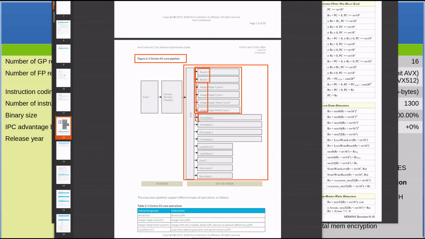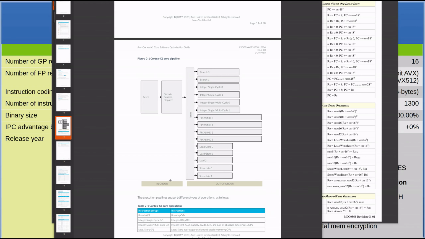It has like 4 floating point units and 5 memory units. And this is the first CPU which is able to do 3 loads per cycle. No x86 core can do 3 loads per cycle. This is actually a monster core. Even Apple cannot do 3 loads per cycle, as far as I know. So this is really interesting.